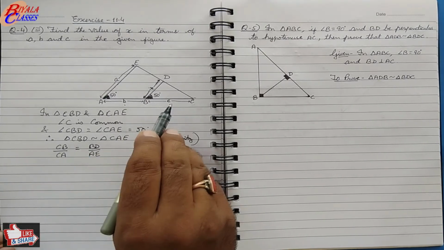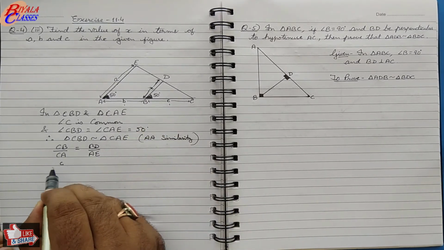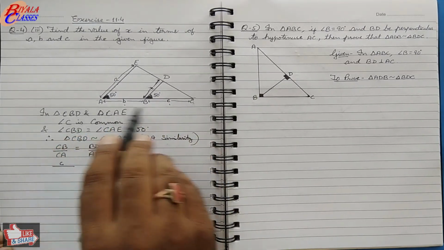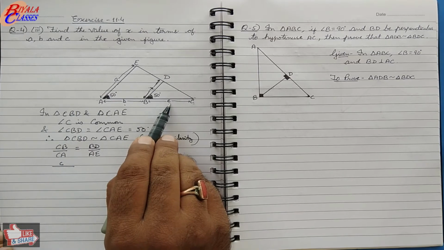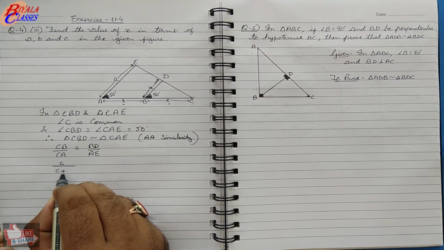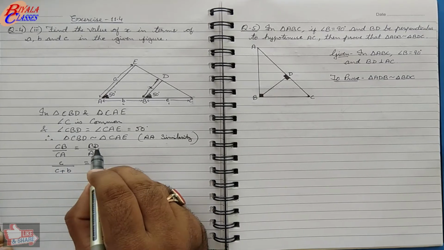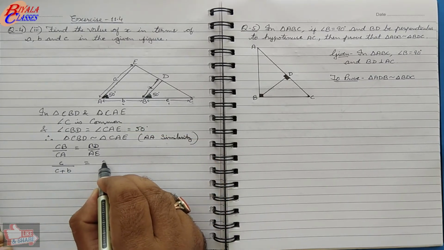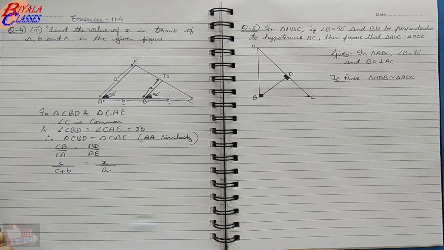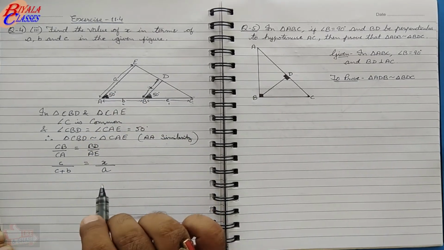So here CB, the measurement is C, upon CA. Now when we take this CA as a whole, it is the sum of CB and BA. So it is C plus B equals BD, it is X, upon AE, it is A. Now this is the relation that we get.